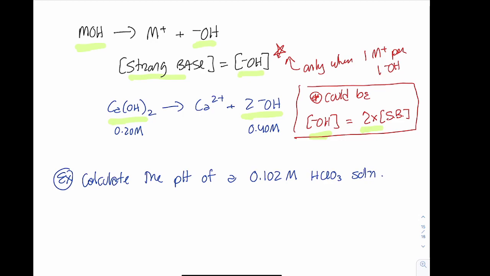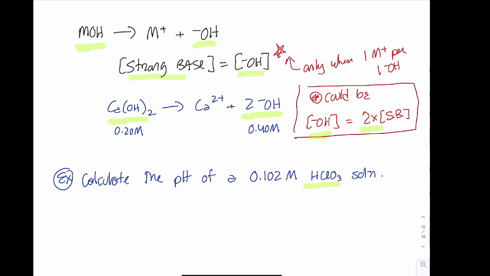So you do need to know that it's a strong acid. Right now we're only using strong acids, but next week we're going to calculate the pH for weak acids also. Once we do that, we have to be able to look at this and know that it's strong, because how we're going to calculate it is going to be different. So please, if you haven't learned those strong acids, do.